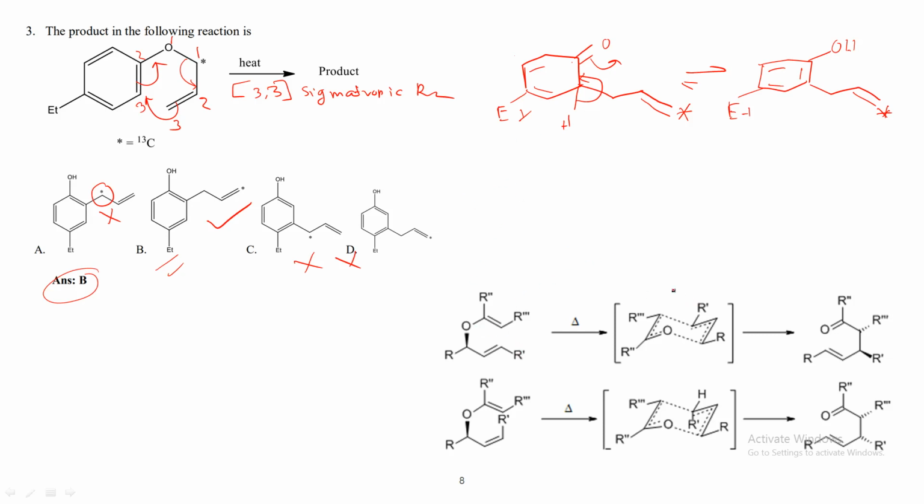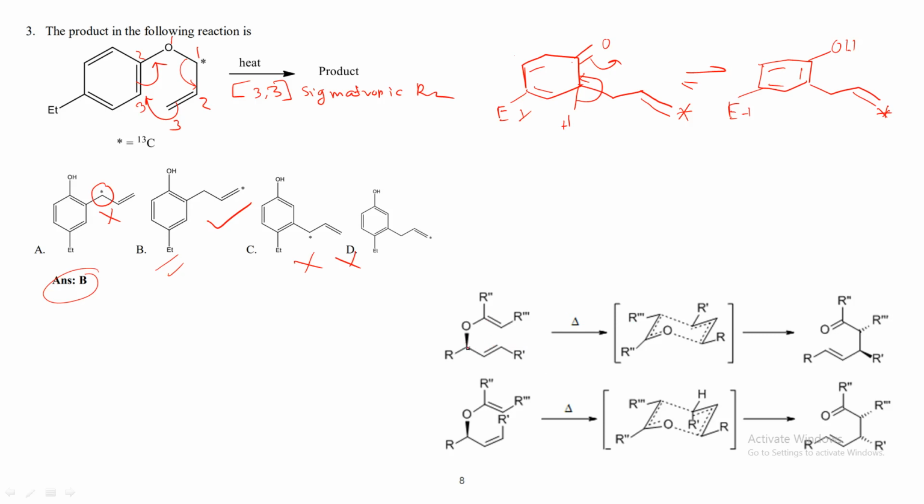For that case, you always need to draw this type of chair-like transition state, and with this you can easily predict the fate of the reaction in a particular stereochemical way. So let's say for this particular substrate like this, we can write this in this type of chair form, right?